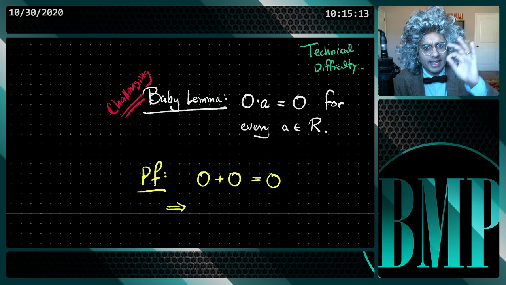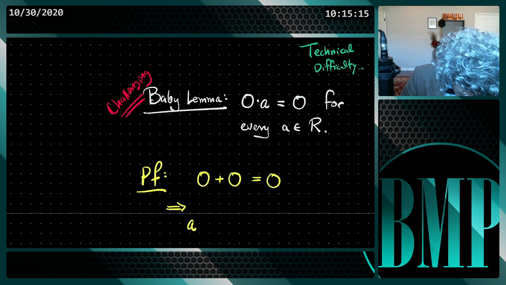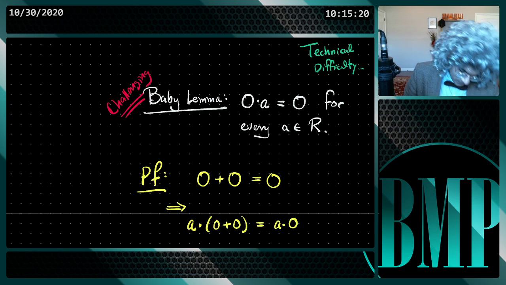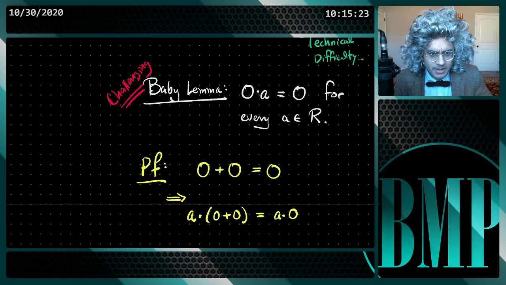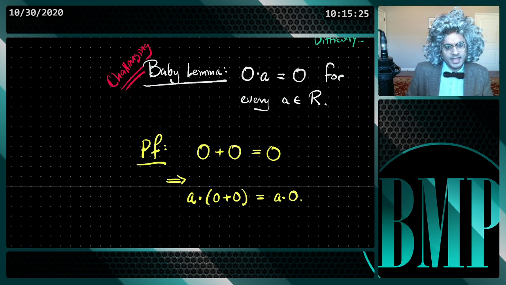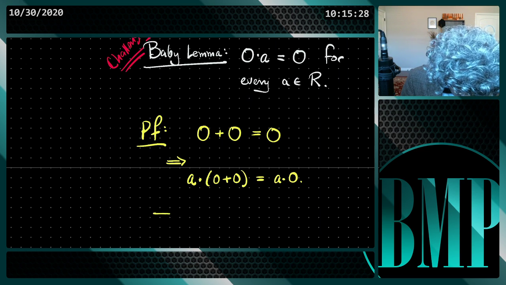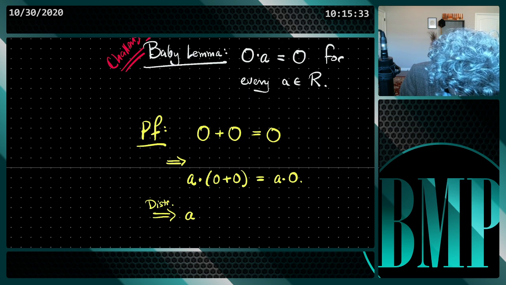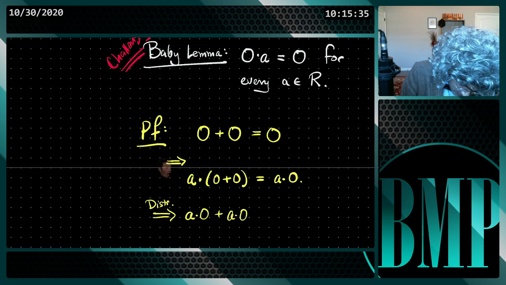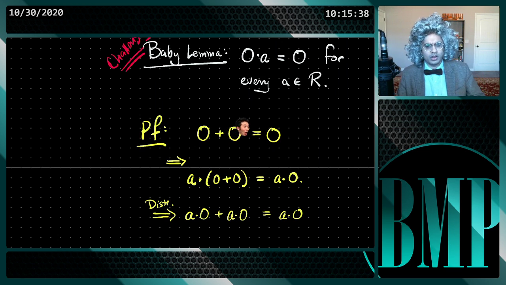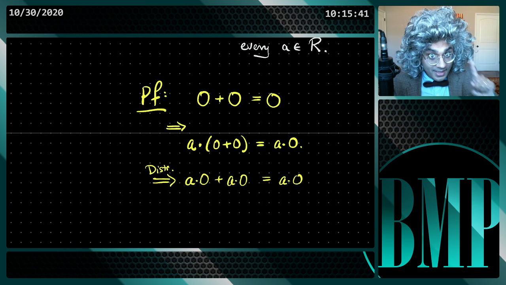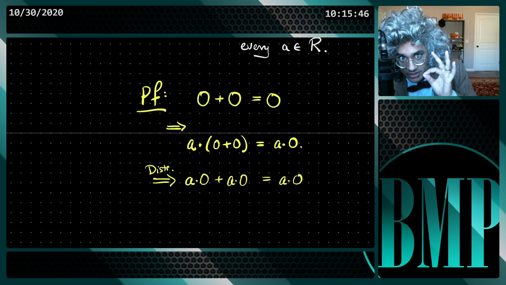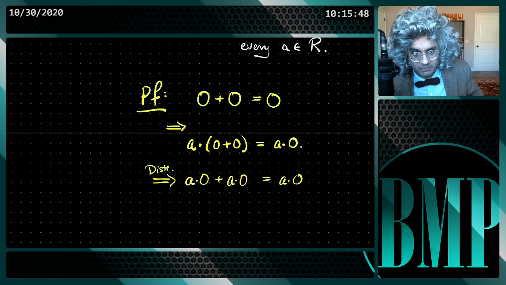So then, multiply both sides by A. Okay, so that's true. Distributive law. Group cancellation. Plus is a group.